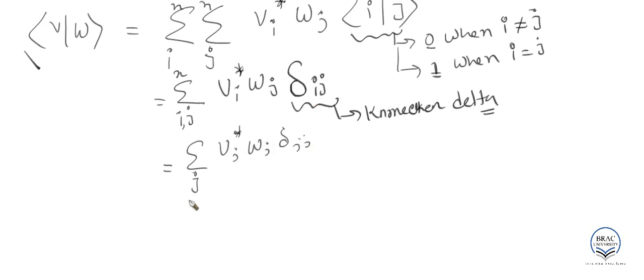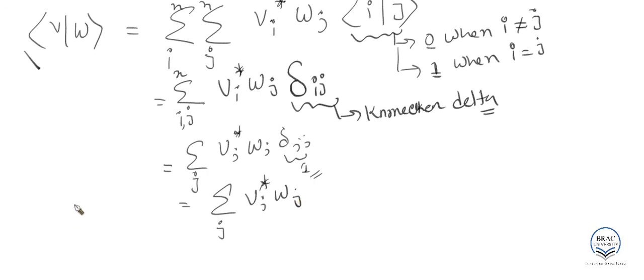And all the j's have been summed over. So this step is actually not necessary. From here you can contract these indices and replace j's with i's or i's with j's, whichever way you want. It doesn't matter because it's a dummy index. It gets summed over anyway. So the final result is the sum over j of vj star wj, because this is just 1.